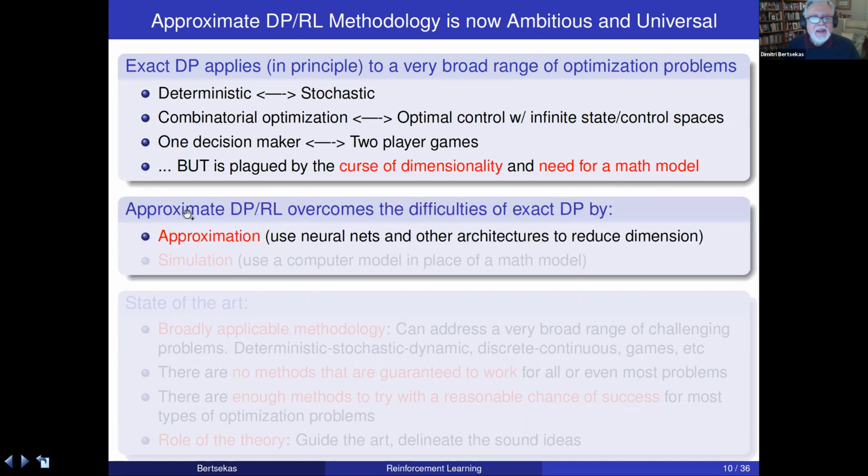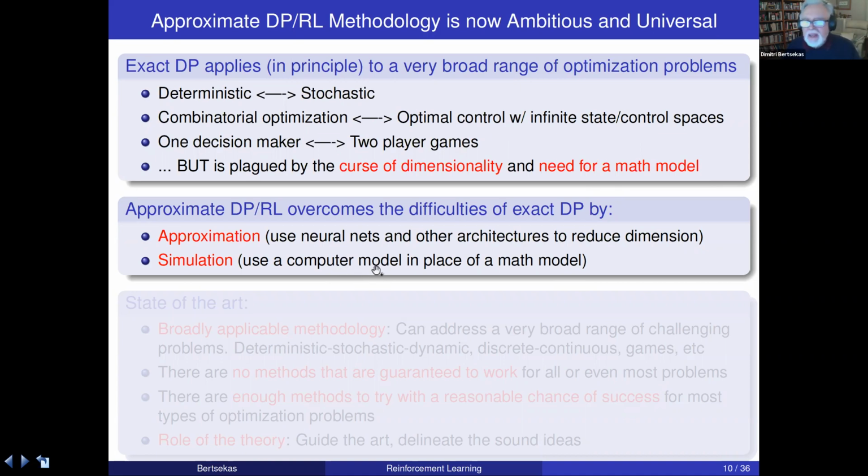Now, approximate dynamic programming and reinforcement learning overcome these difficulties in two ways: by using approximation to reduce the effective dimension of the problem, by using neural networks and other approximation architectures, and it addresses the need for a mathematical model through simulation. In other words, it is not necessary in reinforcement learning to have a mathematical model involving closed form expressions, equations, and so on. It is sufficient to use a computer model.